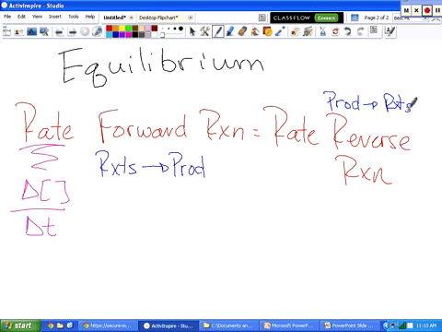Yes. Okay? And so when the concentrations are changing, you're no longer at equilibrium. So you're going to have a constant rate in order for your concentrations to remain constant. So when you're at equilibrium, this is true, but here's the last important part. The concentrations are constant.